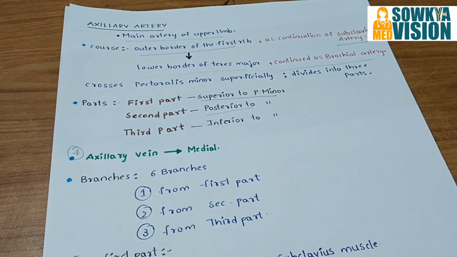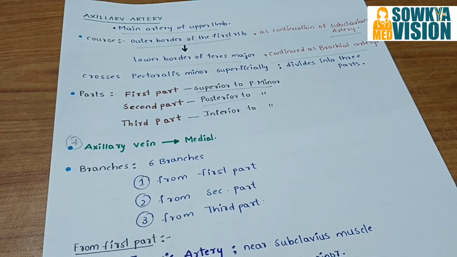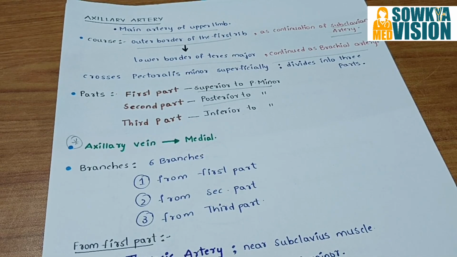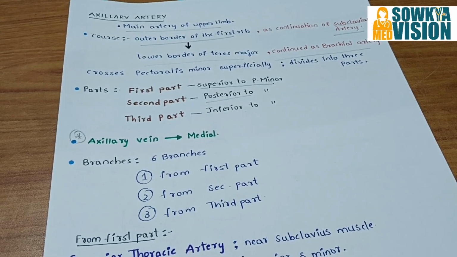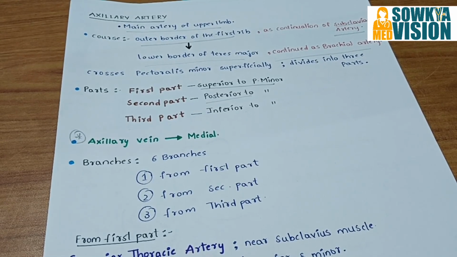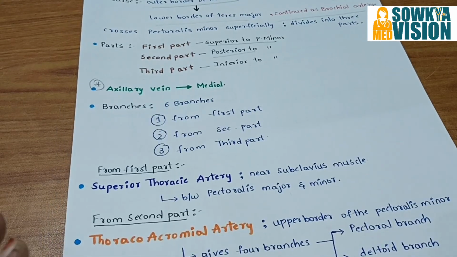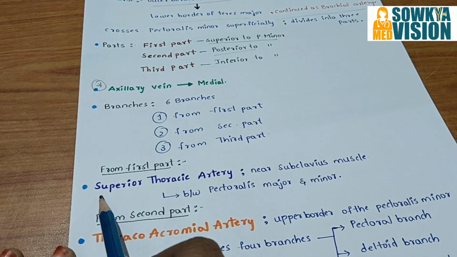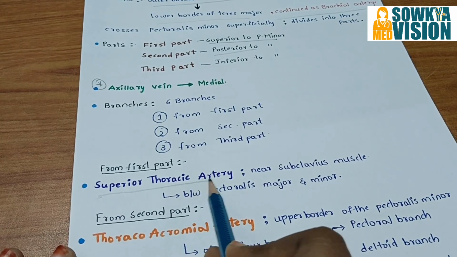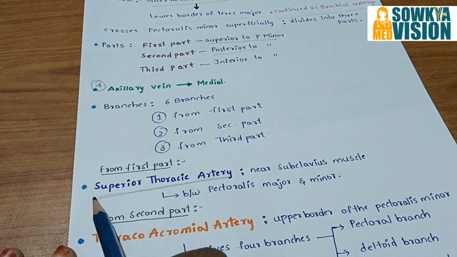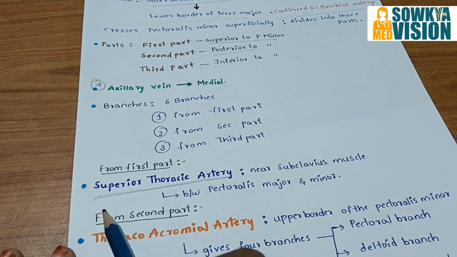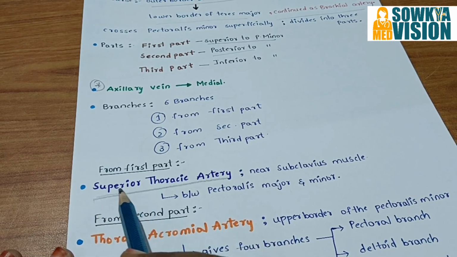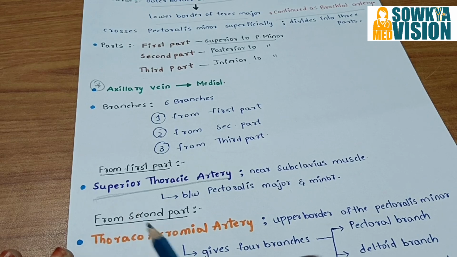Now let's see the branches of the axillary artery. There are 6 main branches and it's very easy to remember: 1 branch from the first part, 2 branches from the second part, 3 branches from the third part. From the first part, the first branch is the superior thoracic artery.